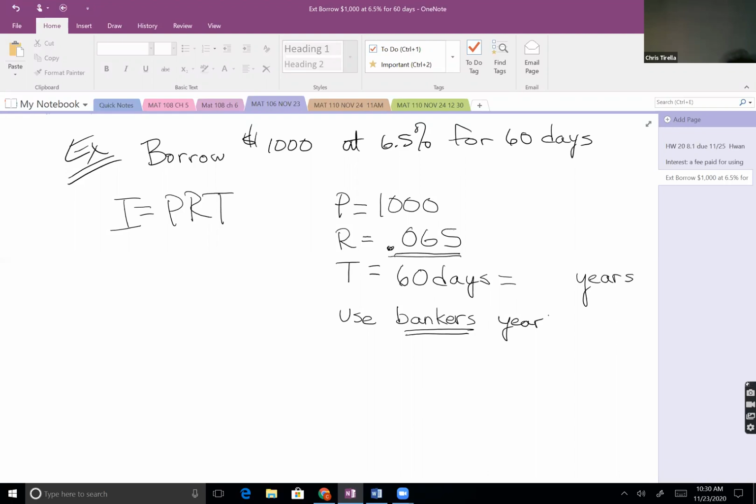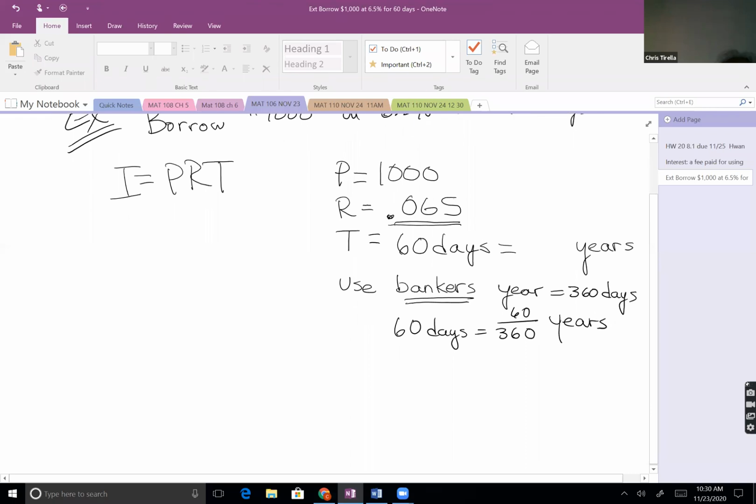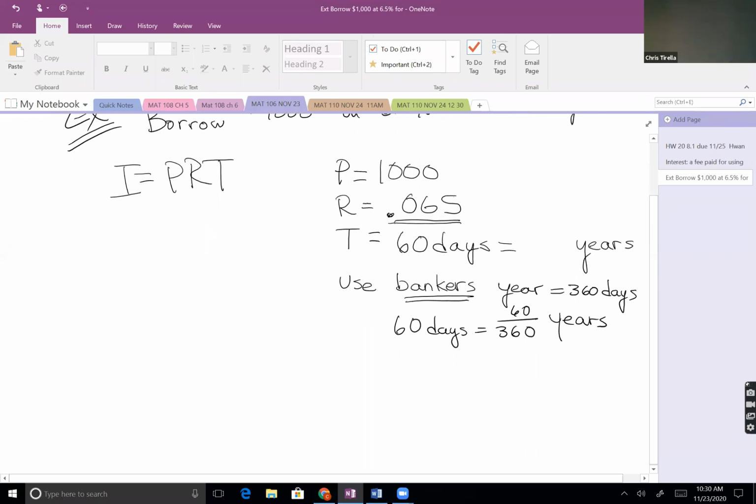But usually with these, rather than changing them into months, we're going to use a banker's year, which is 360 days. So we're going to say that 60 days is 60 over 360 years. Unless we're told otherwise, to change days into years, we're going to just put them over 360. Why not 365?